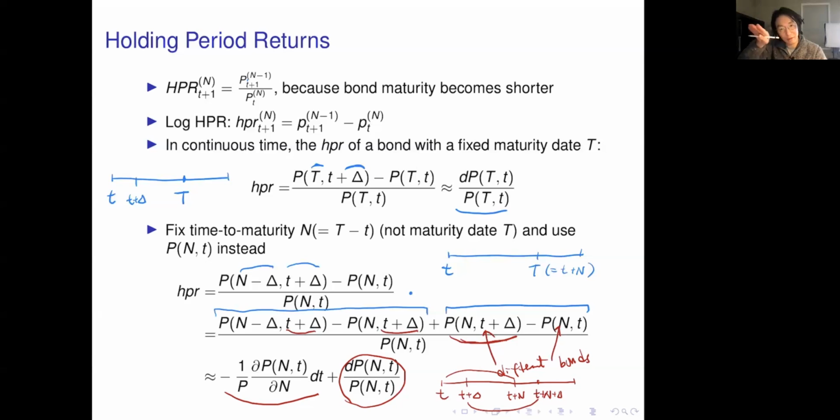Okay, so that is the bond price change along the maturity. So that is the decomposition of the holding period return into two components. One component driven by the price change of the 5-year bond, same maturity bond, I mean. The other component driven by the price change along the maturity curve.